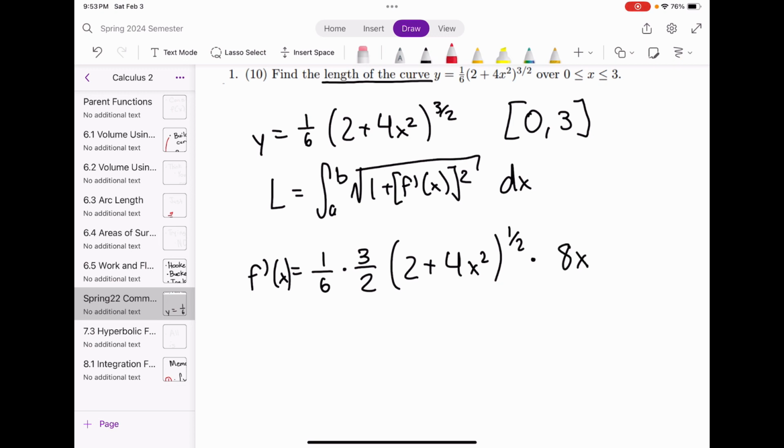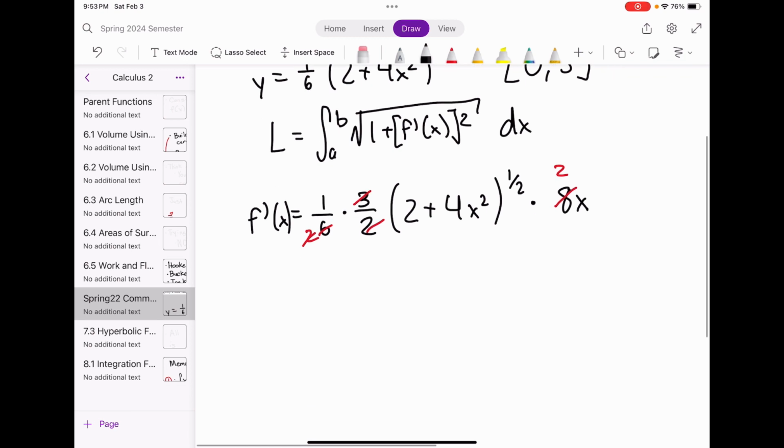Alright, I can see I can cancel some things. That will cancel with that and leave 2. That can cancel with that and leave 2. So f prime of x is equal to 2x, and I'll just write it as that, times the square root of 2 + 4x^2.